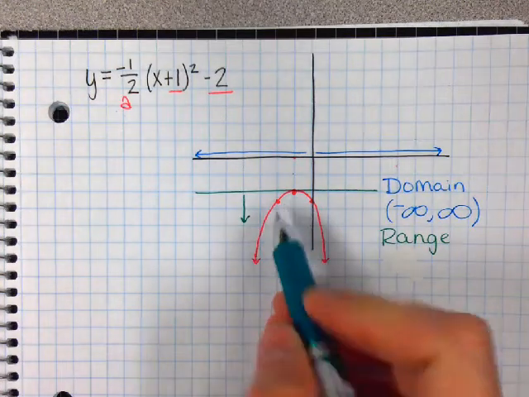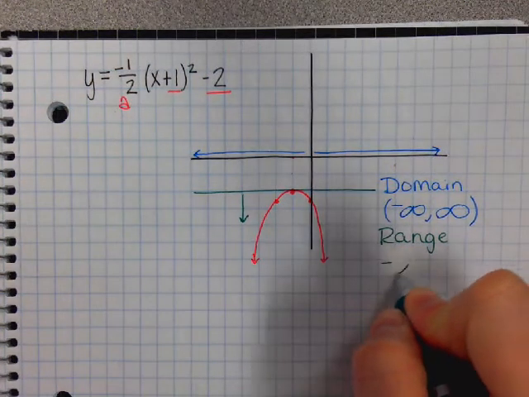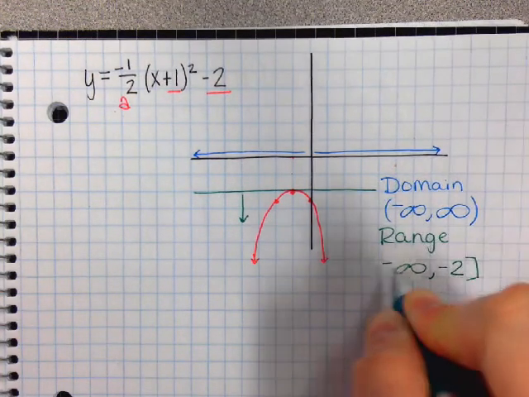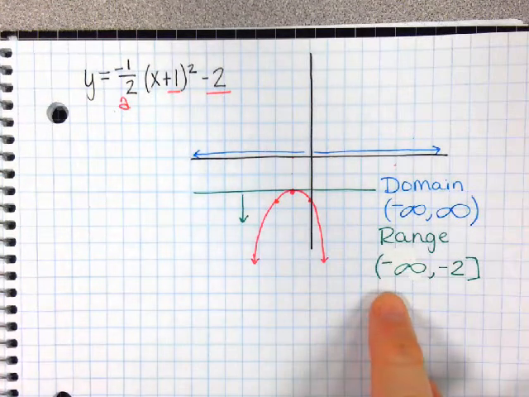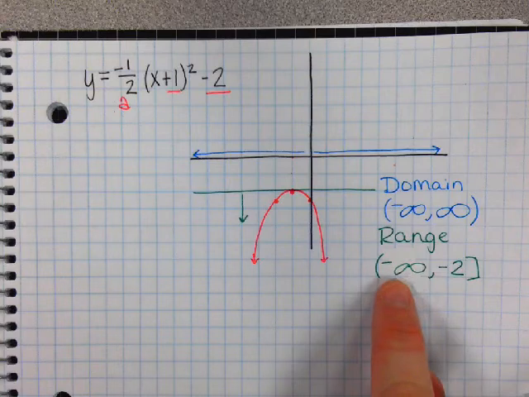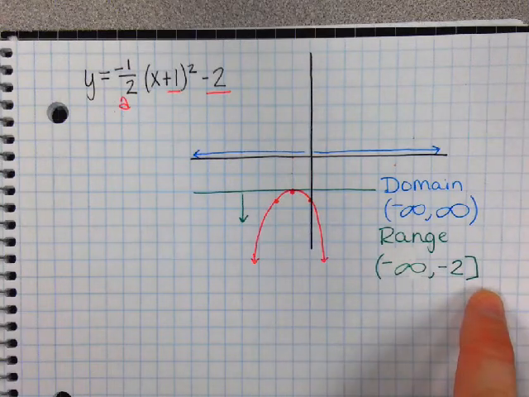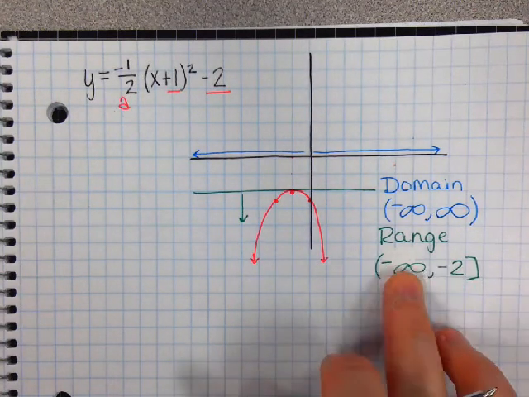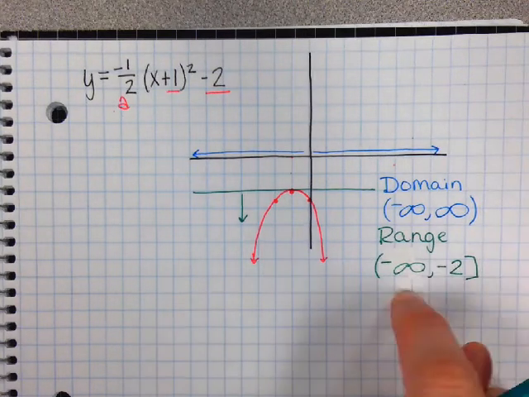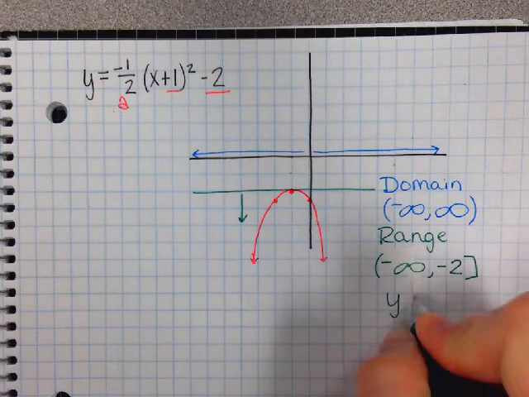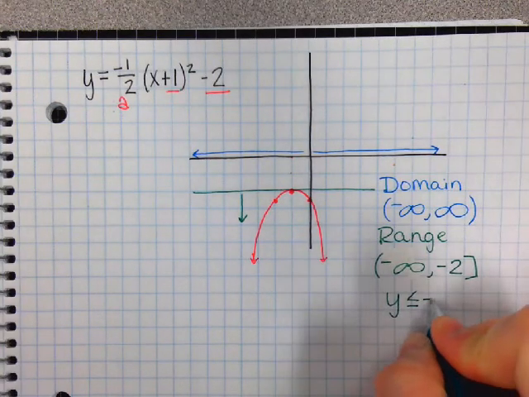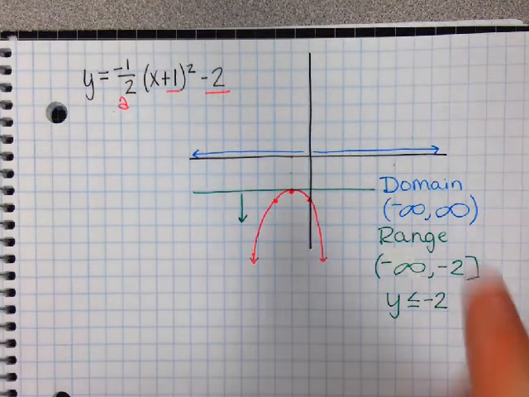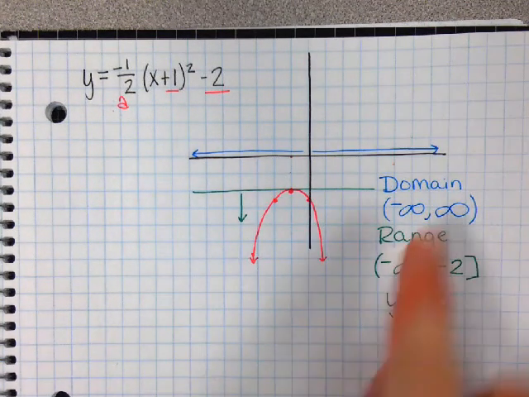Negative 2 is the largest number, so you would actually write it as from negative infinity to negative 2. You don't want to write it the other direction because then you would read it as negative 2 is greater than negative infinity. So you always have to write the smaller number first. Negative infinity is smaller than negative 2, so that's how you would write it. Or you could say y is less than or equal to negative 2, because all of the y values are less than or equal to negative 2.